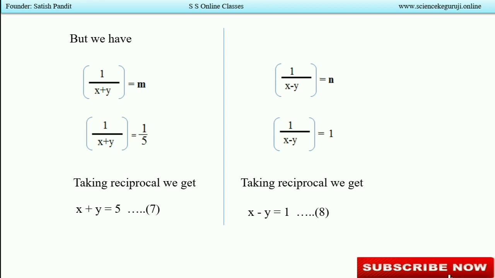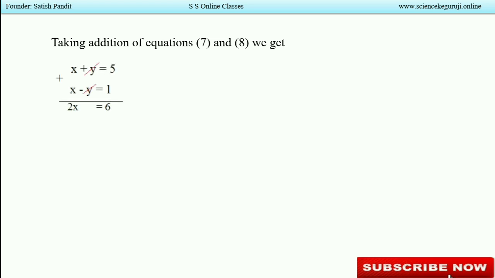Now after solving equations 7 and 8 we get the values of x and y. We use the elimination method here. So taking the addition of equations 7 and 8 we get twice x is equal to 6. Now x is equal to 6 divided by 2, so we get x is equal to 3. Now put x equal to 3 in equation number 7, x plus y is equal to 5.